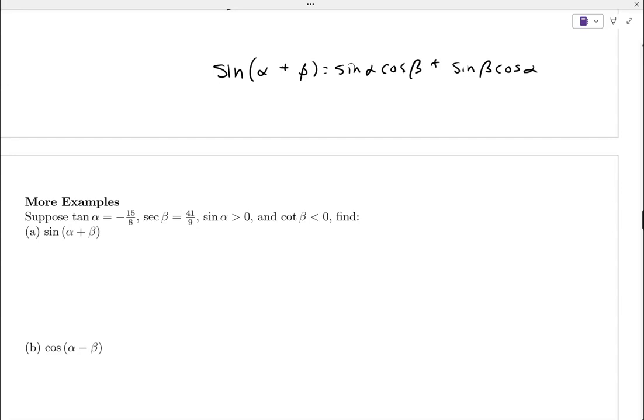So remember that when you have the sum formula for sine, it mixes the sine and cosine, but keeps the same sign in the middle. So if this were alpha minus beta, instead, you'd have a minus sign in the middle, right? What happens with cosine?